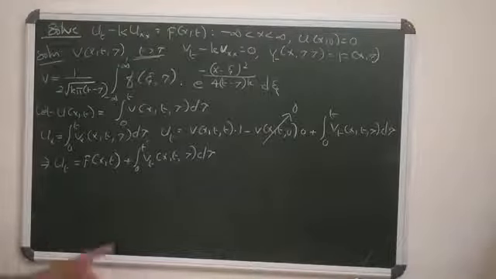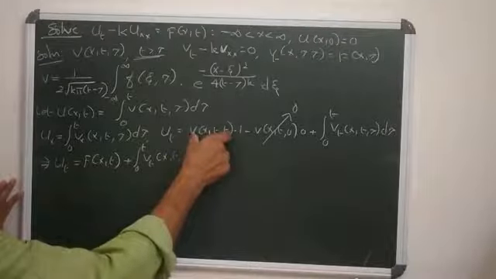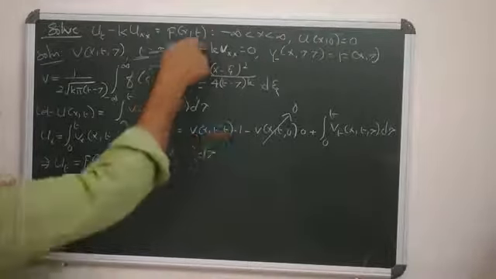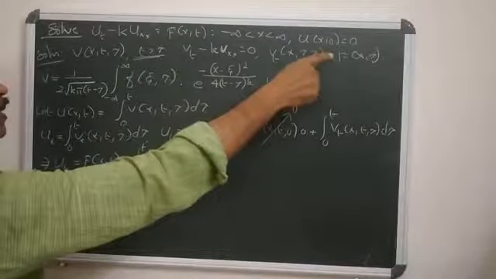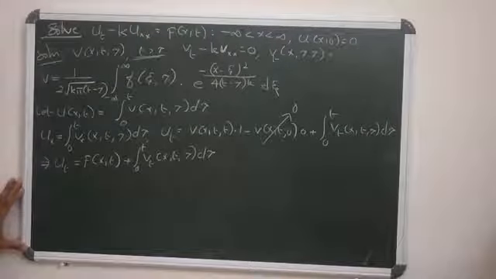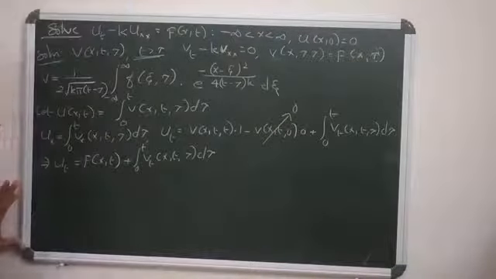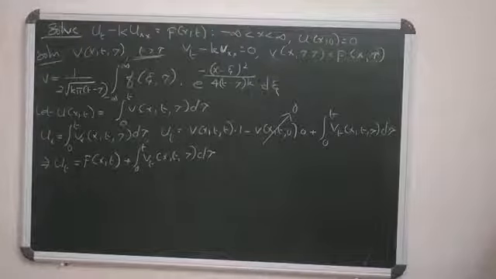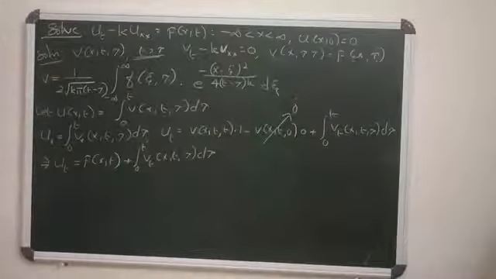Okay. Therefore, what about v(x,t,t)? v(x,t,t) equals f of x,t. The given boundary condition has a small change: v(x,lambda,lambda) equals f of x,lambda.